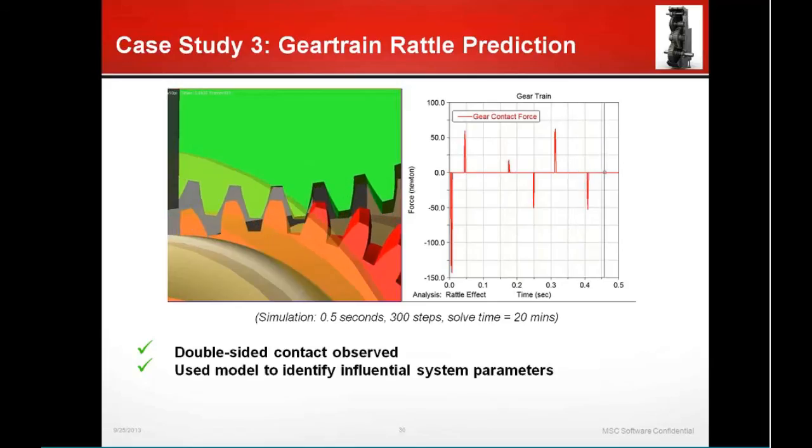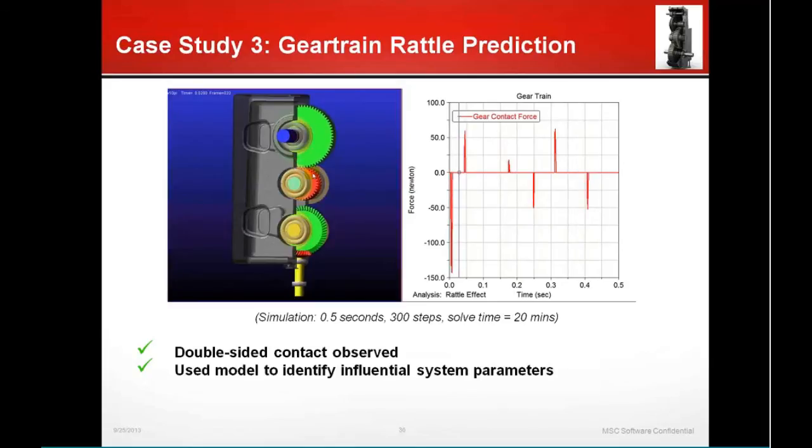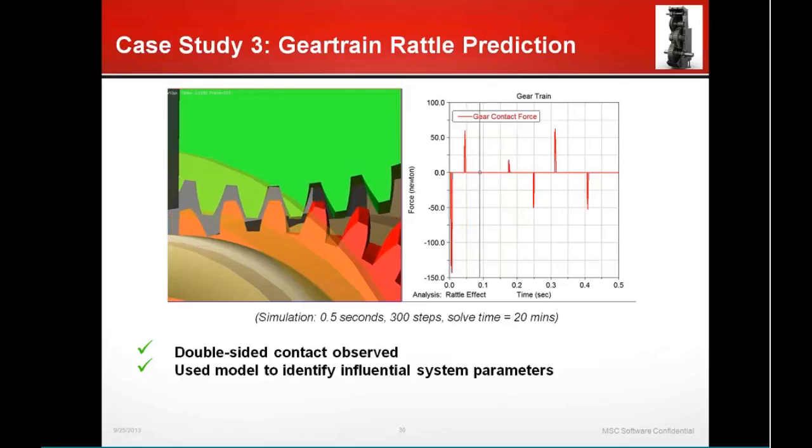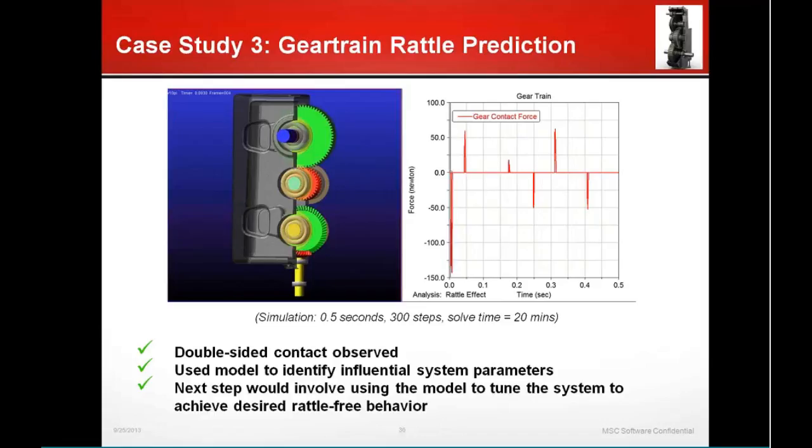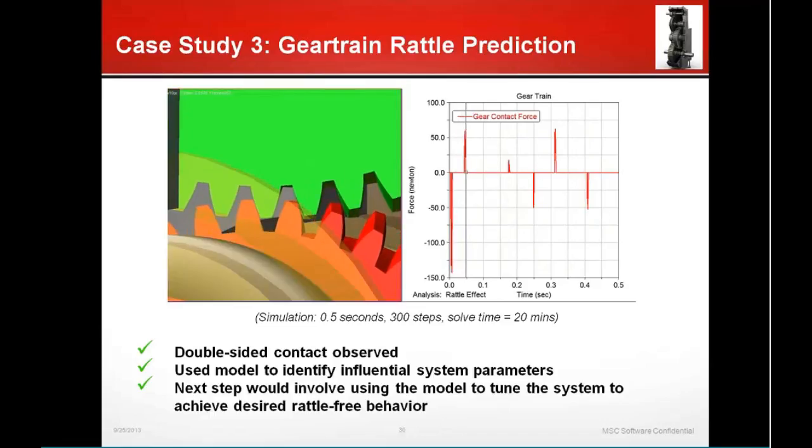We are also able to use the model to identify the influential system parameters. And last but not least, from this point on, we are confident that we can use this model to tune the system to achieve the desired rattle-free behavior.